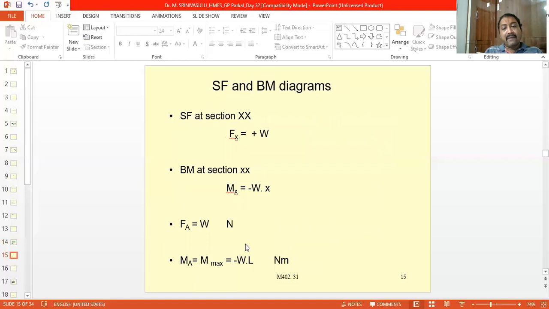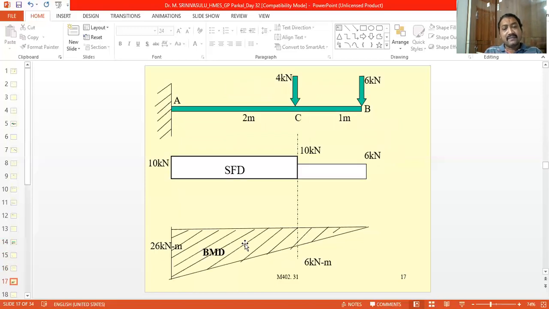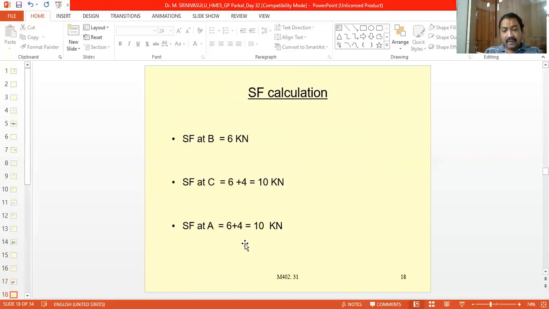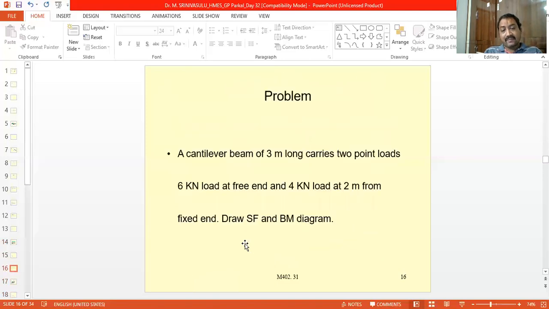We will solve a problem on the cantilever and construct a shear force and bending moment diagram, but due to the time constraint, we will take that up in the next class.